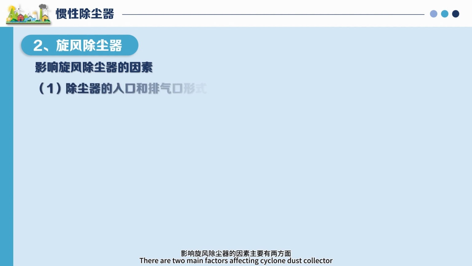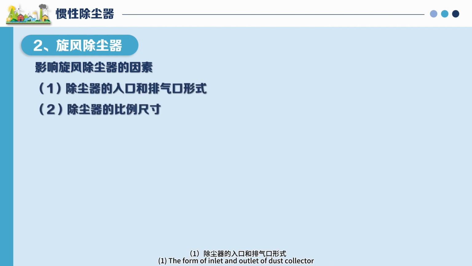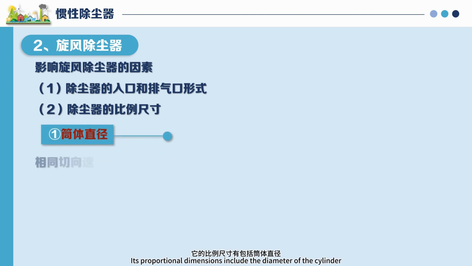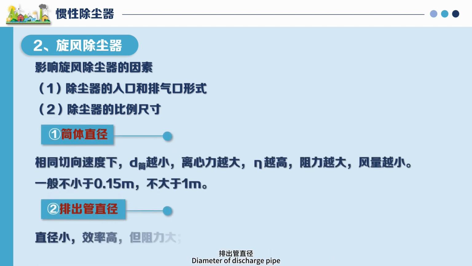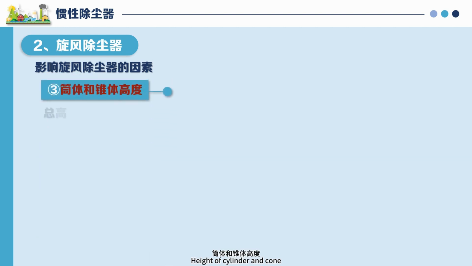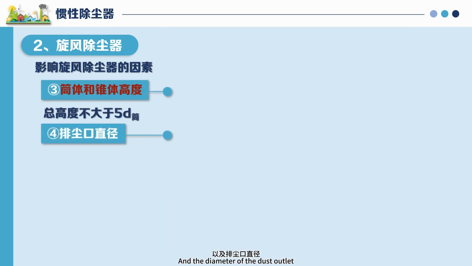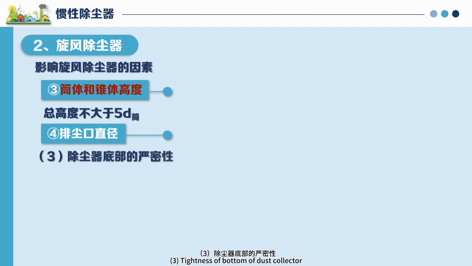There are several main factors affecting the cyclone dust collector. 1. The form of inlet and outlet of the dust collector. 2. Proportional dimensions of dust collectors. Its proportional dimensions include the diameter of the cylinder, diameter of the discharge pipe, height of cylinder and cone, and the diameter of the dust outlet. 3. Tightness of the bottom of the dust collector. 4.